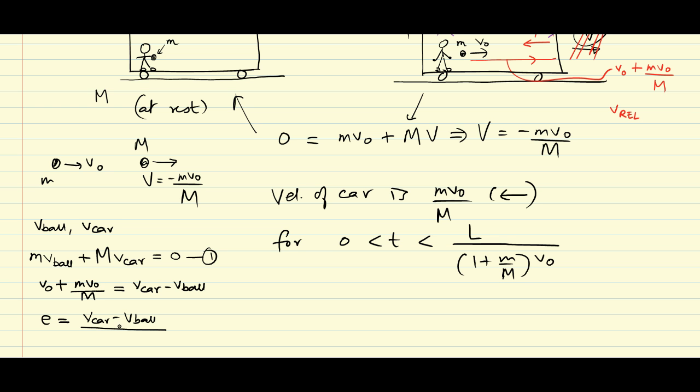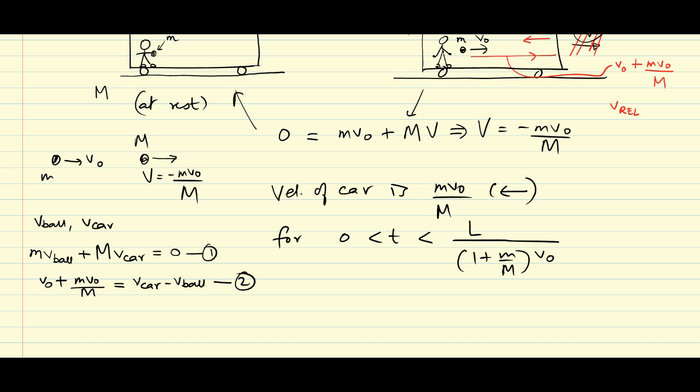I must take the initial velocity of the ball minus the initial velocity of the car, and the initial velocity of the ball was v0, and minus the initial velocity of the car was minus m v0 divided by capital M, and this is equal to 1 because it's a perfectly elastic collision, and that's why I get v0 plus m v0 upon capital M is equal to v car minus v ball. Actually that's the correct procedure to get this particular equation, otherwise there will always be this confusion whether to have v ball minus v car or the reverse on the right hand side.